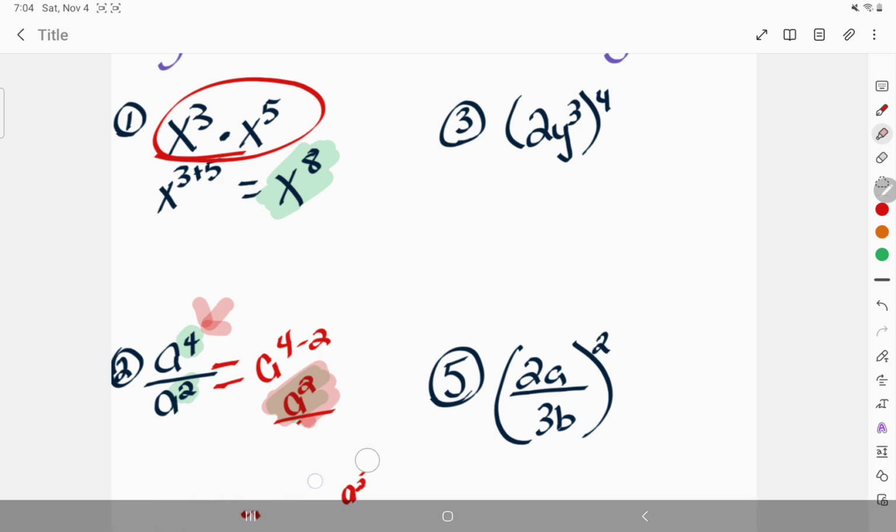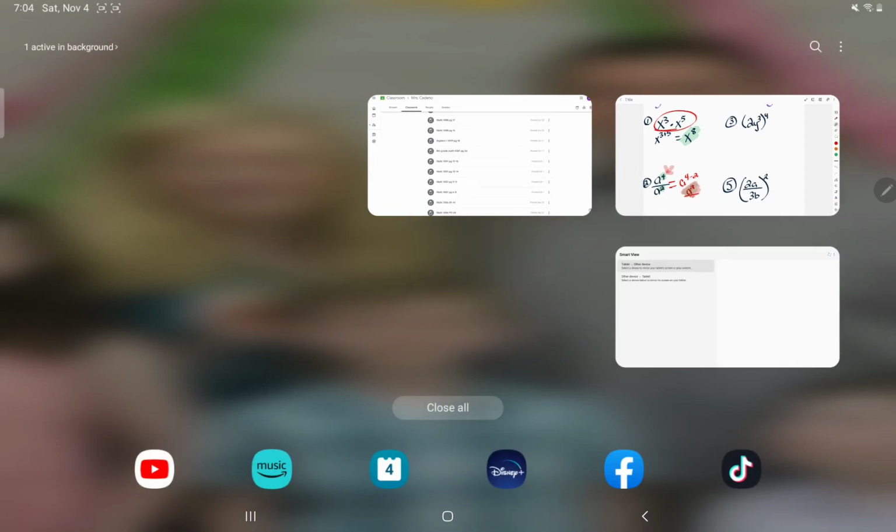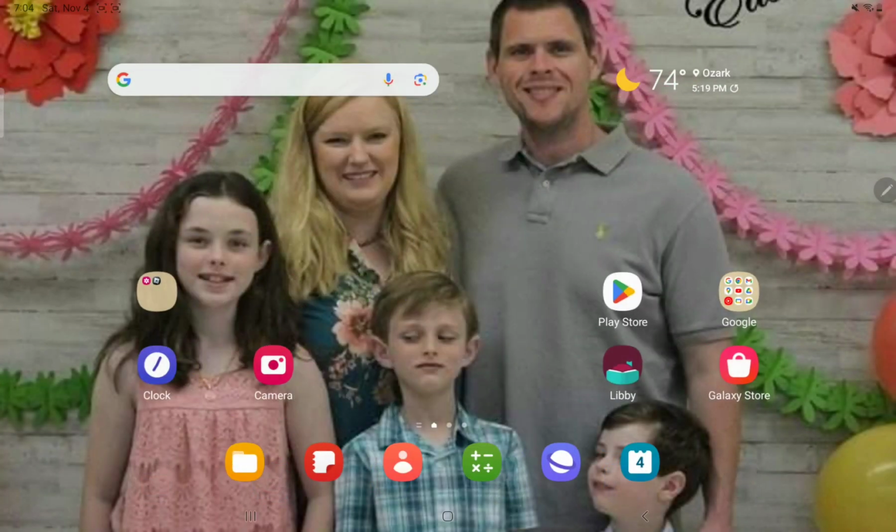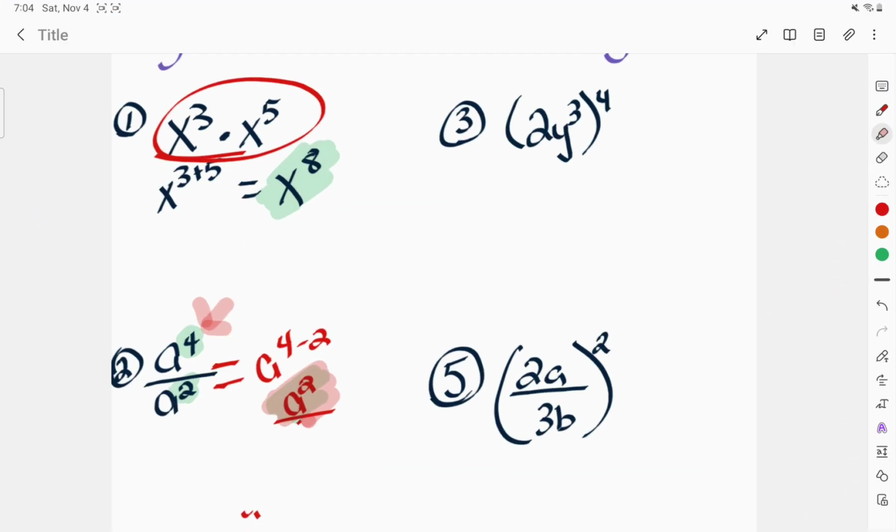All right, so then moving on over to number 3. Here we have an exponent raised to an exponent. I'm going to separate this out because this is 2 things that you're having to solve.